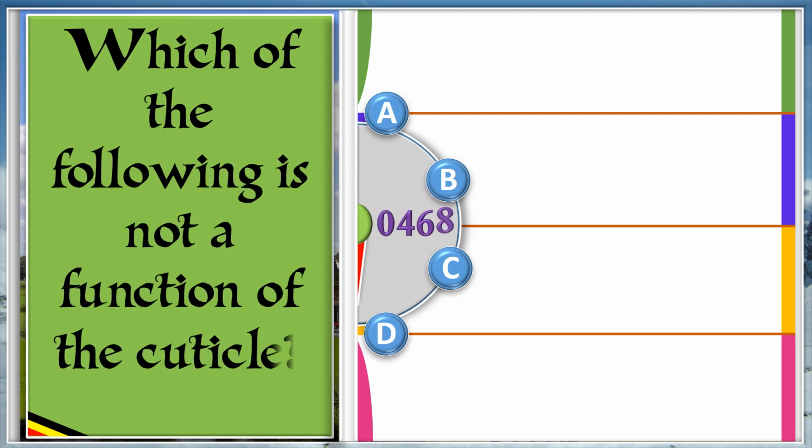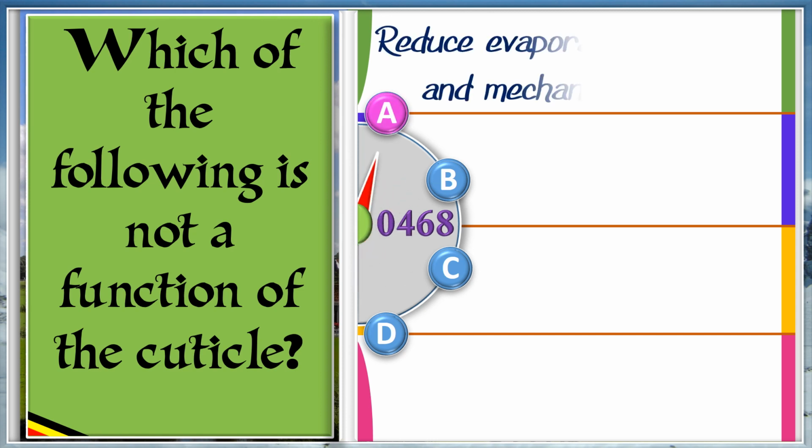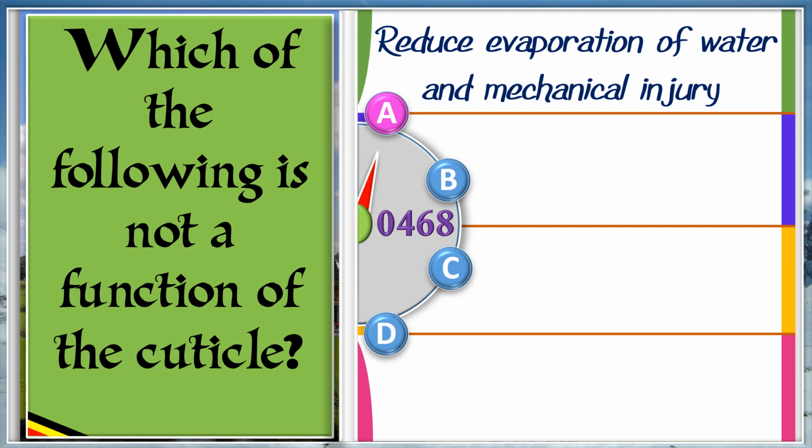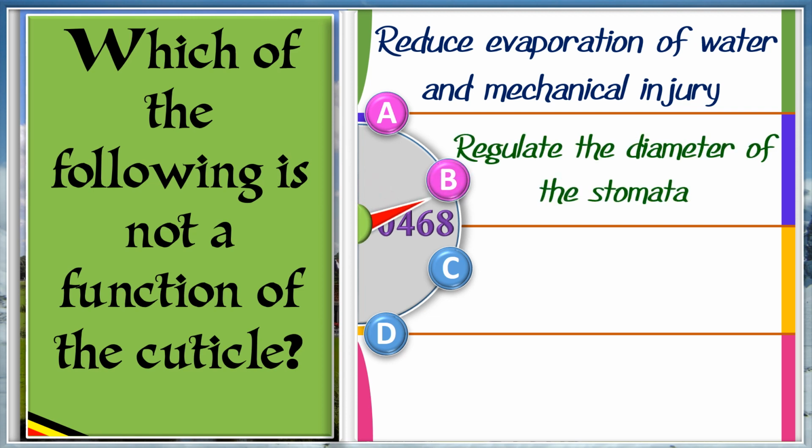Which of the following is not a function of the cuticle? A. Reduce evaporation of water and mechanical injury. B. Regulate the diameter of the stomata.